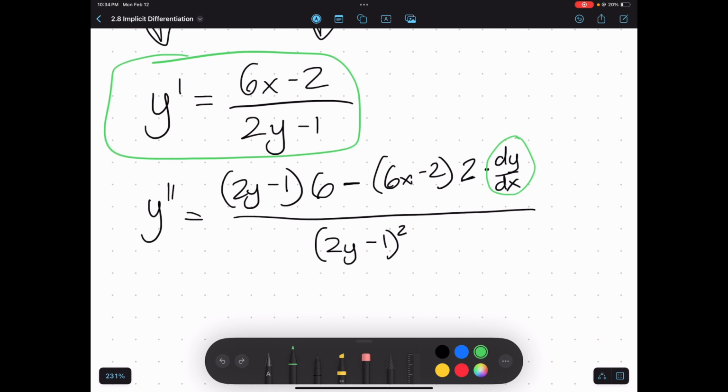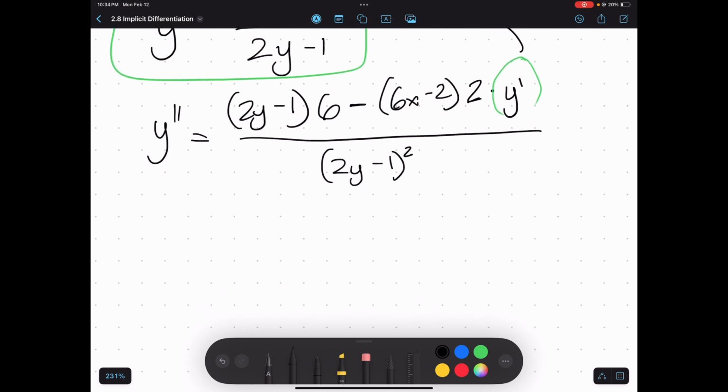Can I get dy over dx in terms of x and y? Well, of course I can. Because what's dy over dx? That's the same thing as y prime. Right? dy over dx just represents the derivative of y in terms of x, y prime. Do I know what y prime is equal to? Absolutely. That's what we started by doing, is we found what y prime was equal to.